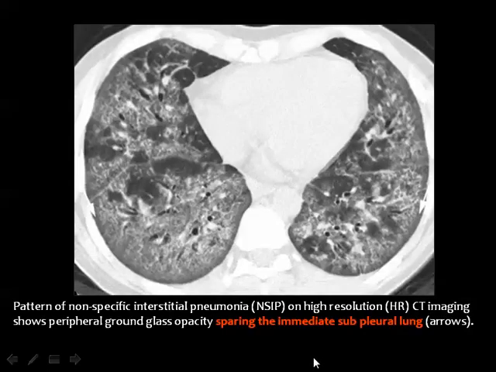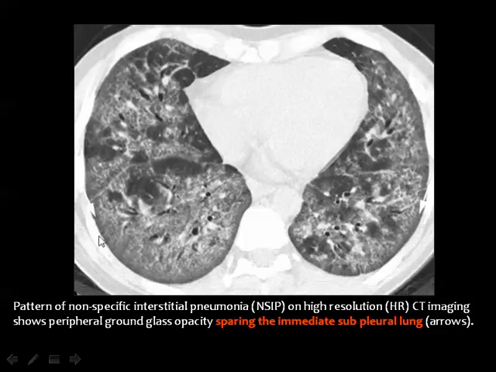One of the findings, according to the literature, is that if you look carefully, you can see that the opacities do not affect the most peripheral part of the lung.